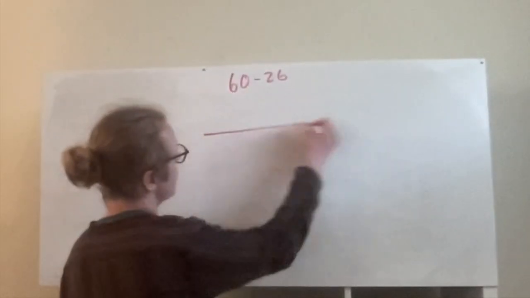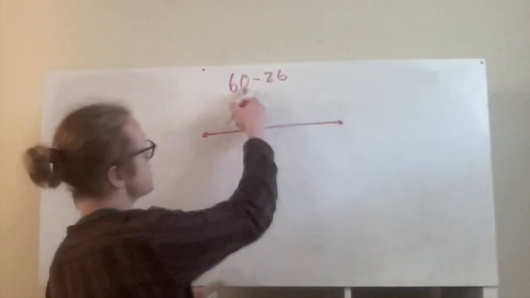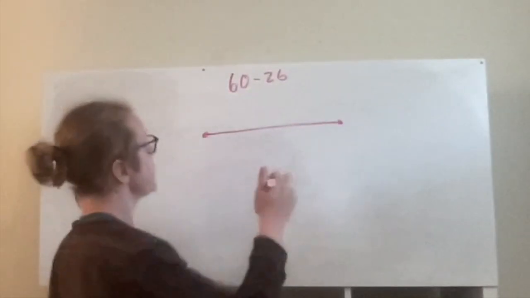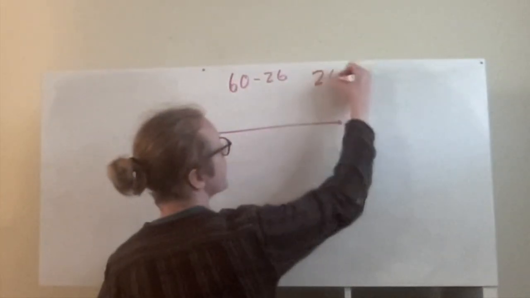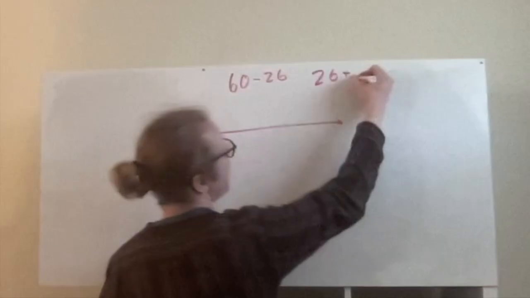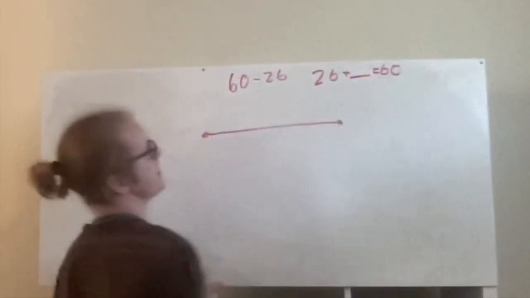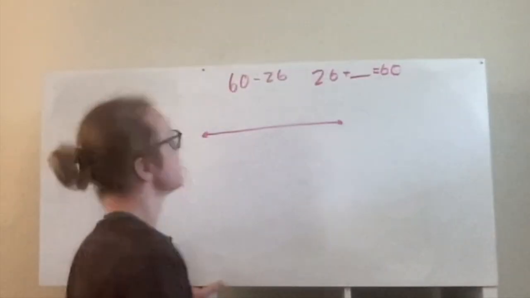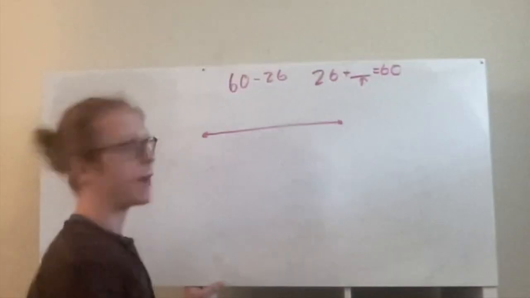So if I were to start at 26, how many more would I need to get to 60? Okay, as a side note, we could also write this way, right? We could think about it like this. 26 plus how much is going to equal 60. Okay, these are basically the same things. And so when we're asking how many more, we're looking for this value right here.